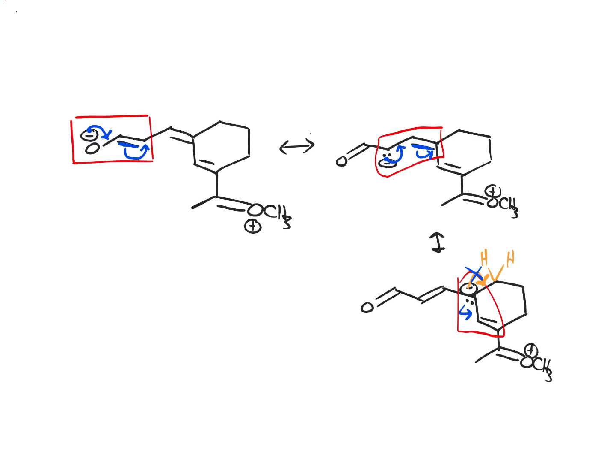So let's move these down. That'll pop this double bond over onto that carbon. So we have the lone pair and the minus there. And now we can look ahead.